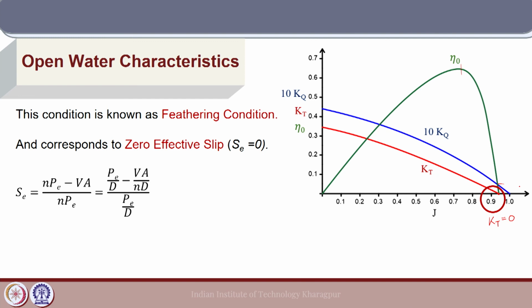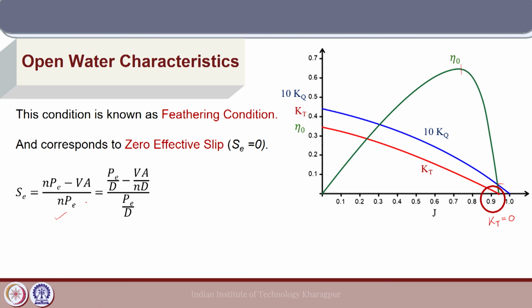So, the condition where the thrust coefficient is 0 is called the feathering condition, and it corresponds to the case where we call the effective slip is 0. Now, the slip ratio, as we have seen, is defined by this expression, where Pe is the effective pitch of the propeller blade, and we have seen that the action of a marine propeller can be defined with respect to a screw of the pitch which is equivalent to the propeller pitch.